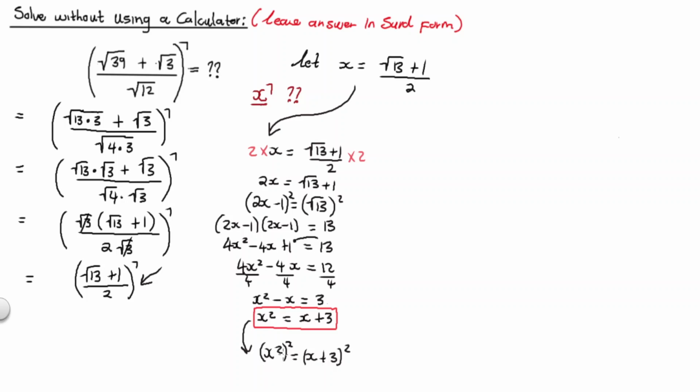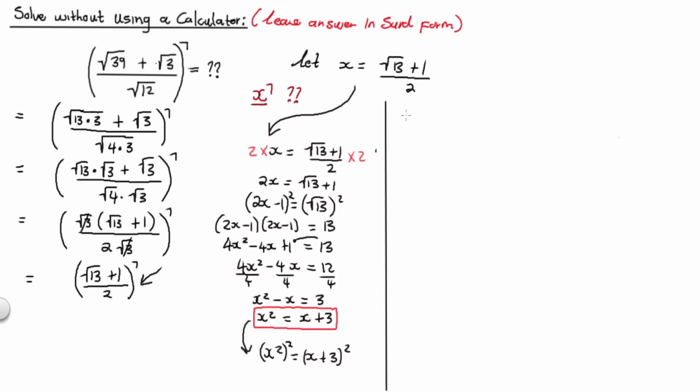So x squared raised to exponent 2 is going to be x exponent 4. Let me continue somewhere here. Yes, okay, so let's continue this side.